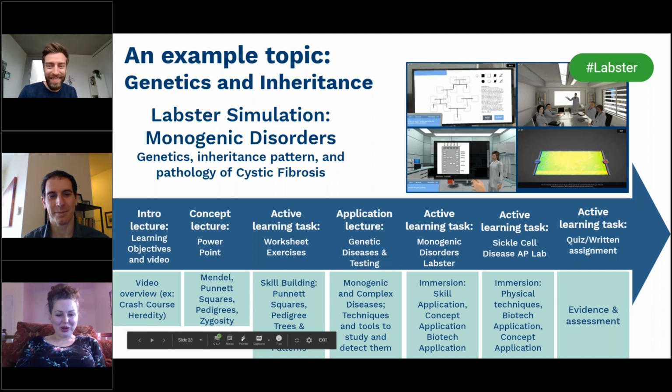So you'll probably know what I mean. And so we'll teach some of the key concepts, the monohybrid, the dihybrid crosses, doing a pedigree tree, and of course zygosity, heterozygosity, and these are the more basic genetics concepts.